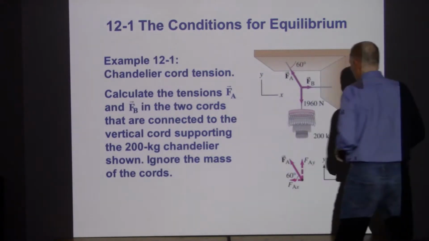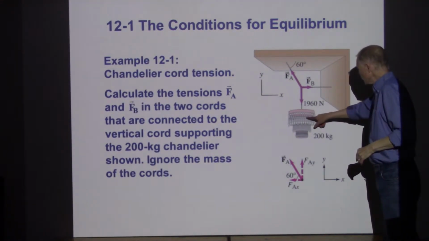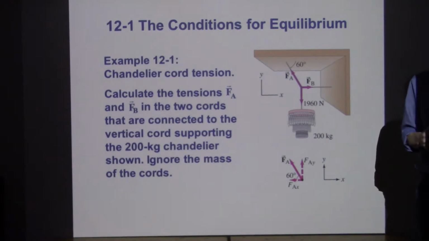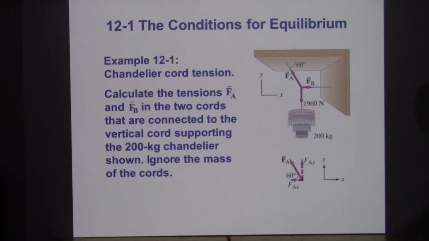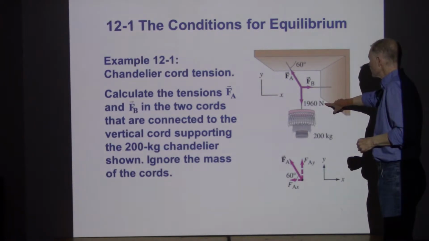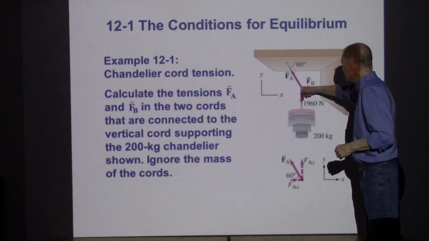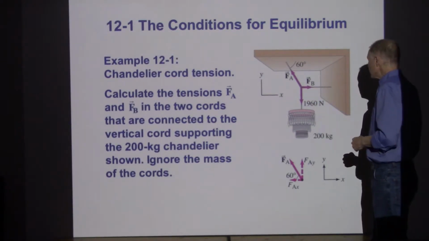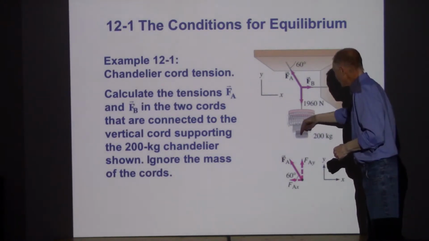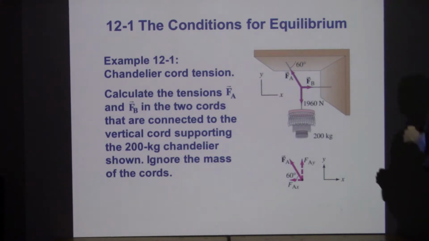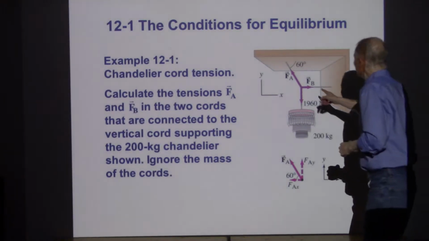In any case, what we can do is look at the chandelier. We can calculate the gravitational force. So the gravitational force would be mg, and when we calculate mg, we get 1960 newtons. Now that means that the tension in this cable pulling away from here is going to be 1960 newtons. We're going to have a force diagram on the chandelier itself. So the tension there is upwards, 1960 newtons, and so the tension downwards on this location.